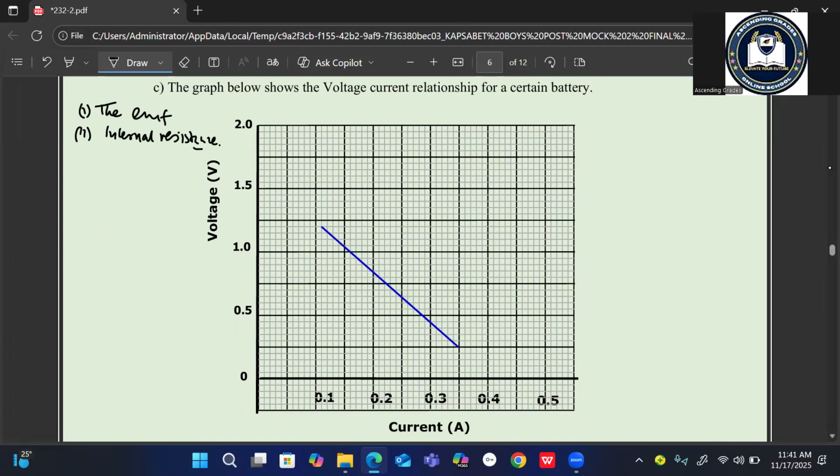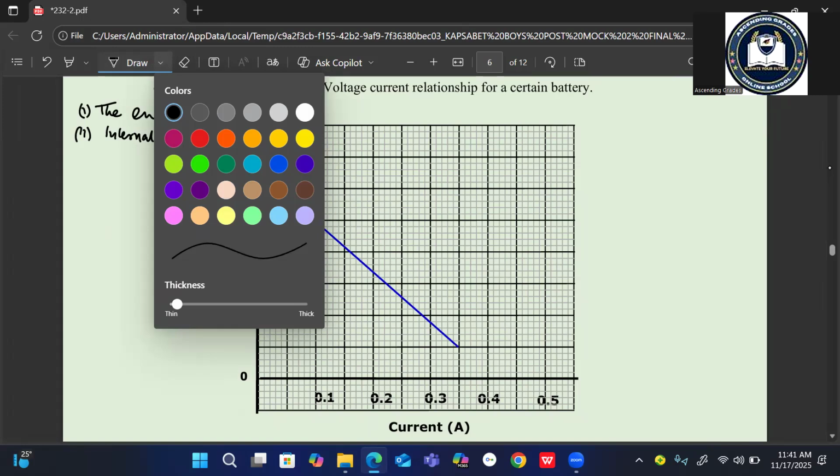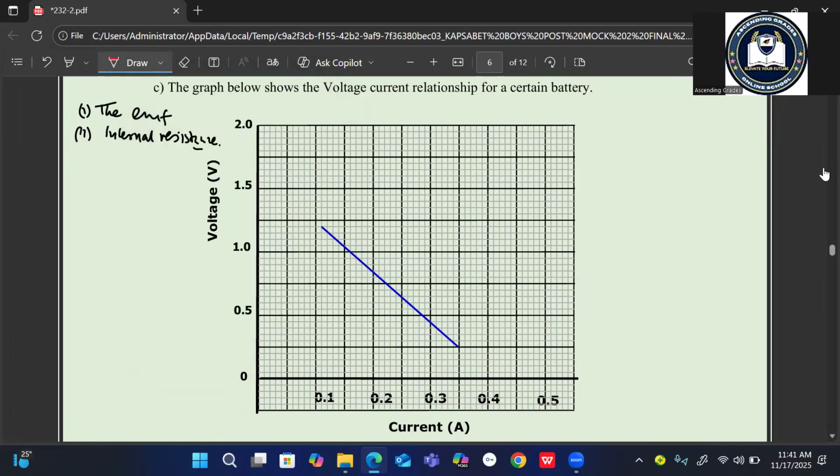So now in this case, there is something that you are supposed to do so that you will be able to answer these questions. This one is 1 mark and this one is 3 marks. So from the graph, you're going to get 4 marks.